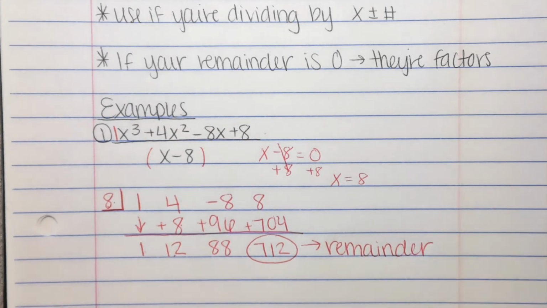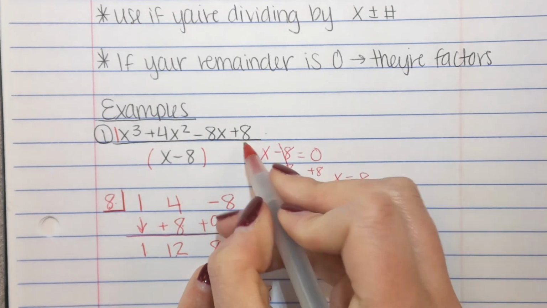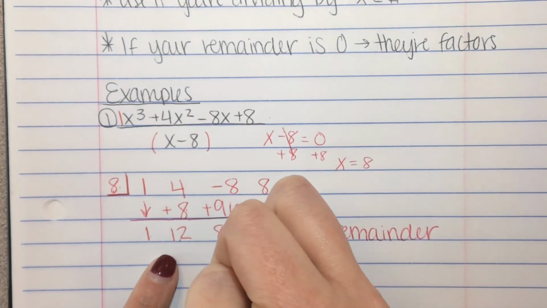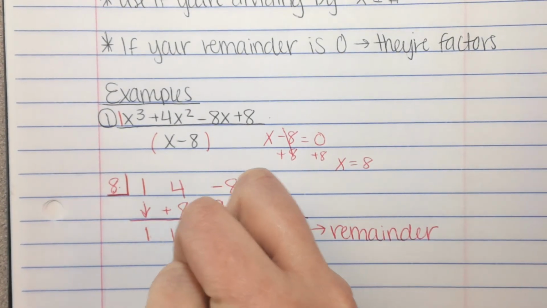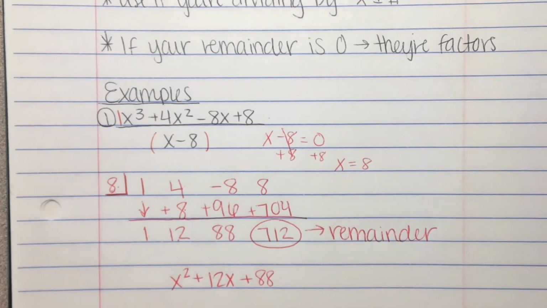Okay? Now, you can build your polynomial a couple different ways. I like to work backwards just because, I don't know, it makes sense to me. And so we'll start with 88. We know that at the end it's a constant. Then we have 12. That the next term would be linear, and then our next one would be 1x squared. Okay? To me, that's easier.